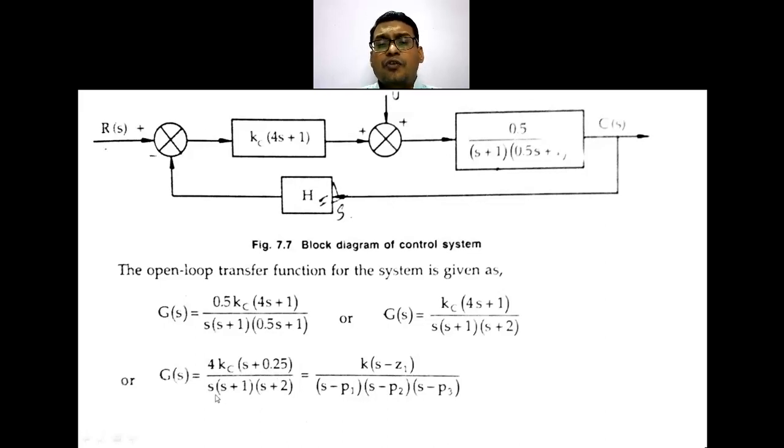The poles are s equal to 0, s equal to minus 1, or s equal to minus 2. So I have three poles. A will be 1 and B will have the value of 3.